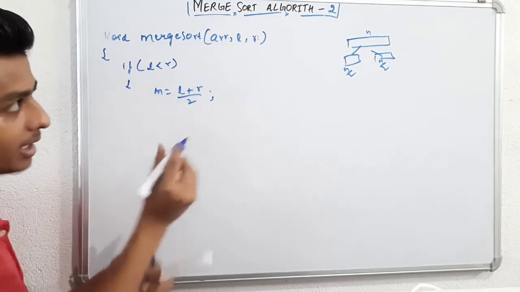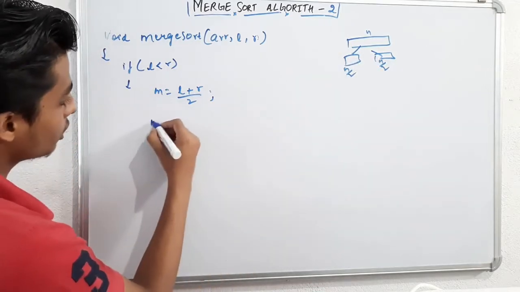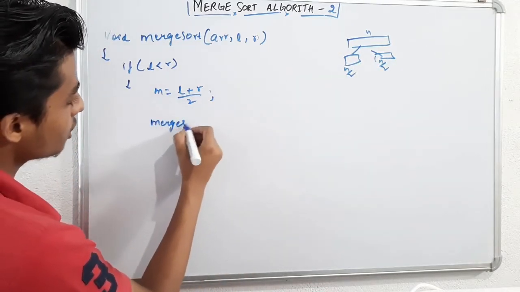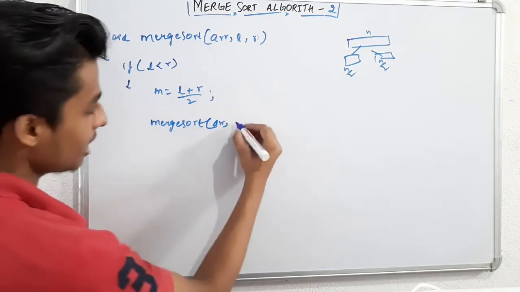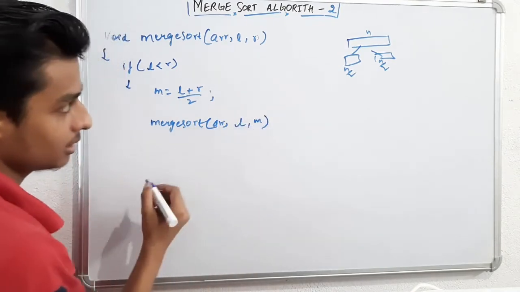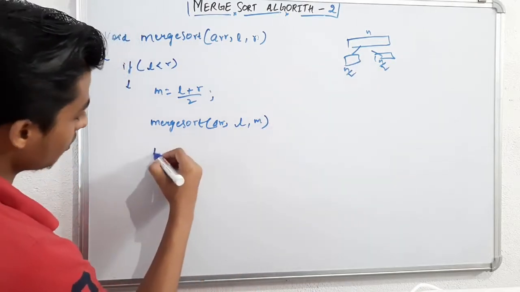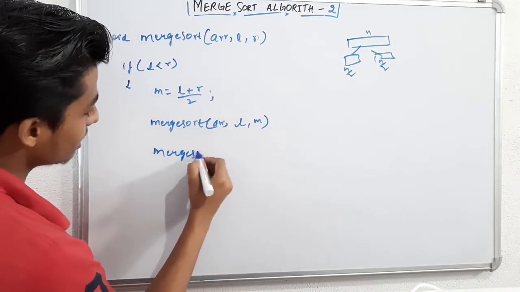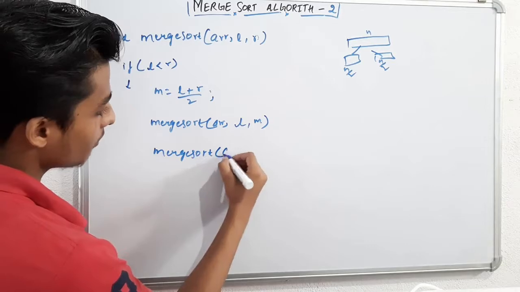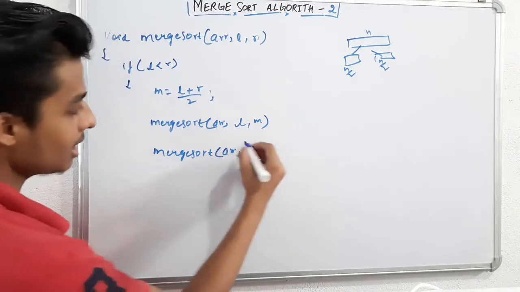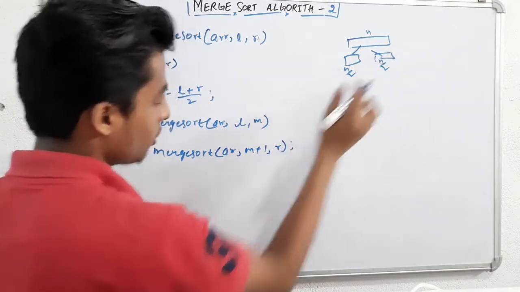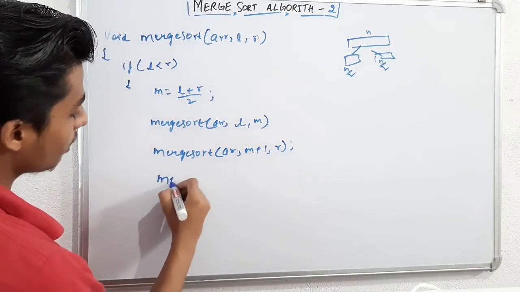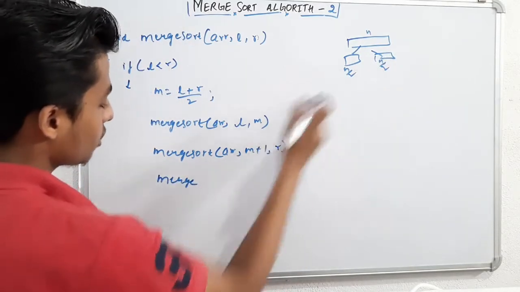Once you get the middle element, to get this array, what are you going to do? You are going to call merge sort again, and inside the merge sort you will pass the array, L and the middle element. So the first part we have done. Now again divide into the second part. How? By calling the merge sort function again, and now I am going to take M plus 1 to R. So you got the second part, and finally we also need to merge both of these arrays, right?